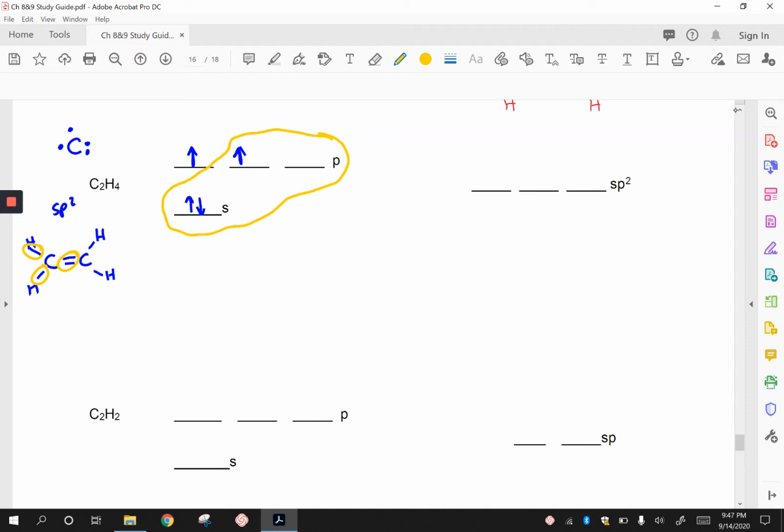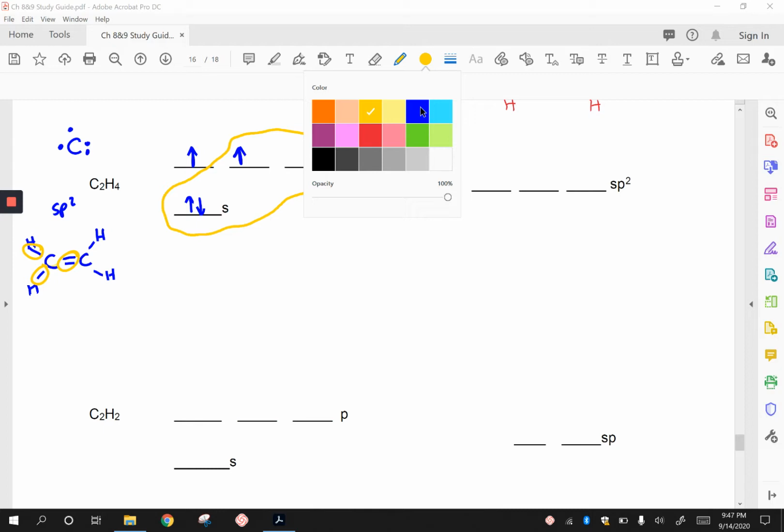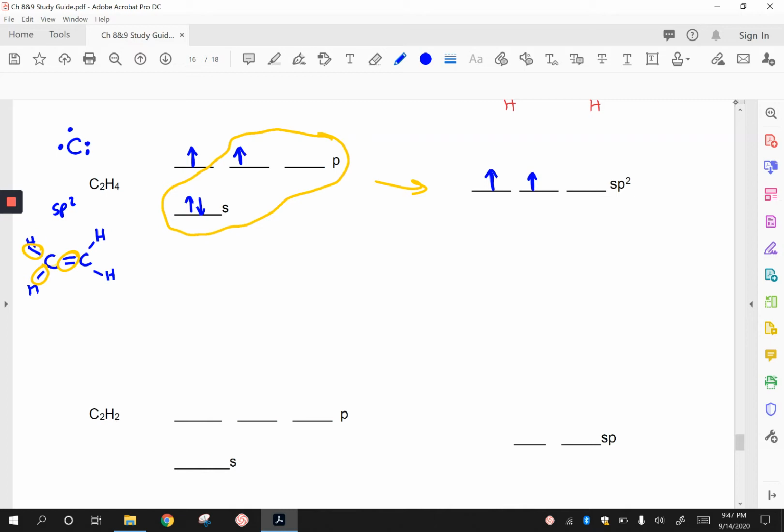So one s orbital mixed together with 2 p orbitals to form 3 orbitals that are 1 part s and 2 parts p. And so now those electrons are in these 3 sp2 orbitals. And so again, these are the 3 orbitals that mix together.